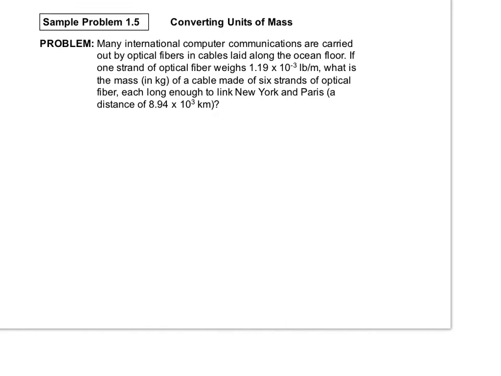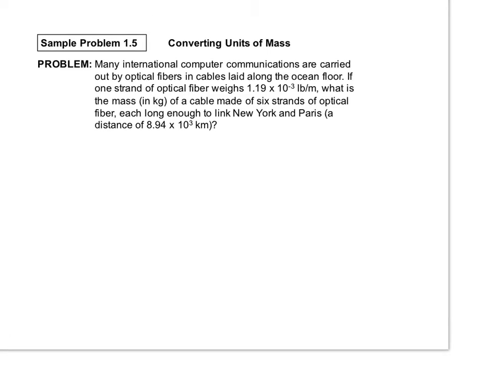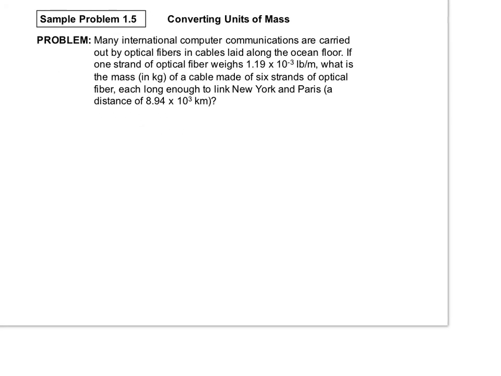So the first thing that I see here, it says if one strand of optical fiber weighs 1.19 times 10 to the minus 3 pounds per meter. Okay, that's the first thing that I see there, and that's one strand of optical fiber.